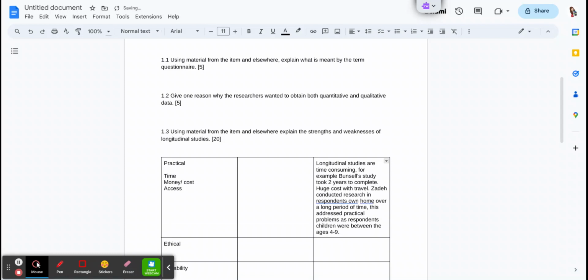I'm not going to mention they did interviews. I'm going to say she did the research in their own homes over a long period of time. And this addressed practical problems as the respondents' children were between the ages of 4 to 9.